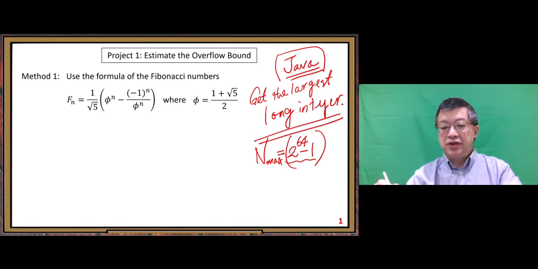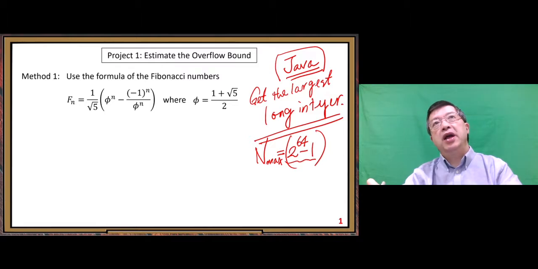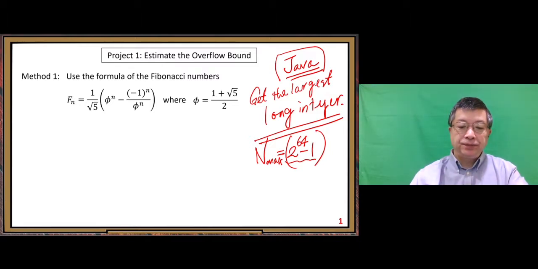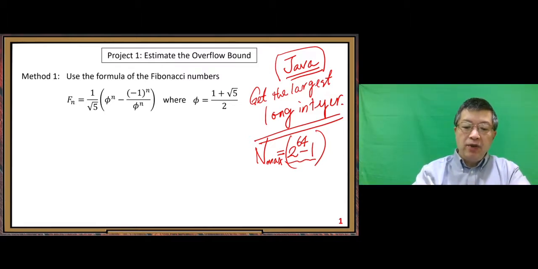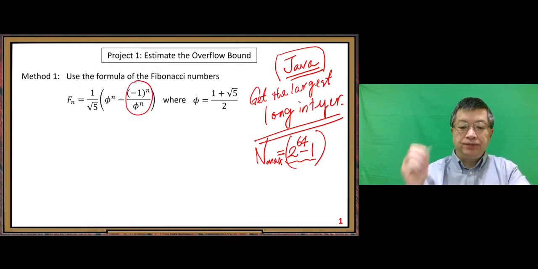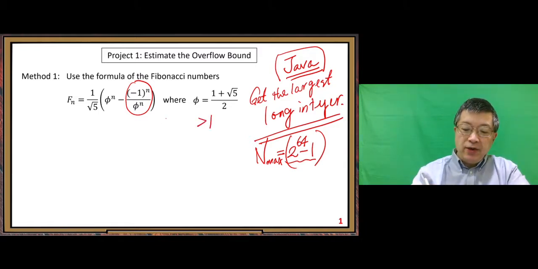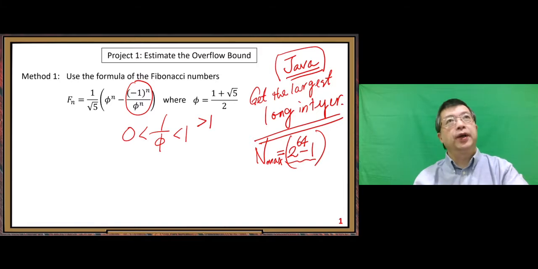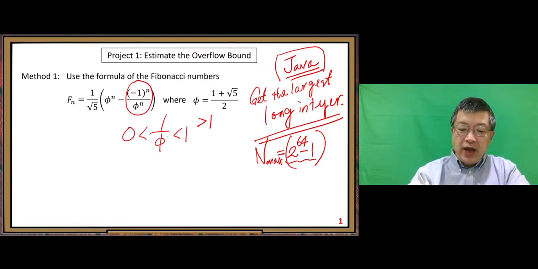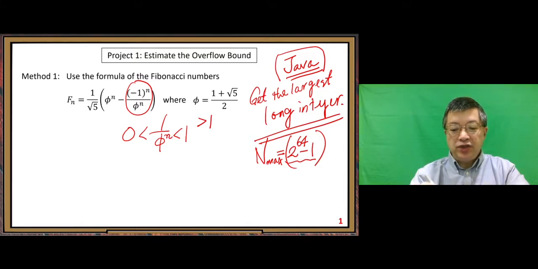So now let me use this number. We do the estimate. In this formula, first let's look at this part. We know phi is greater than 1, right? So then the reciprocal of phi is less than 1 and greater than 0. So 1 over phi to the nth power is also between 0 and 1.